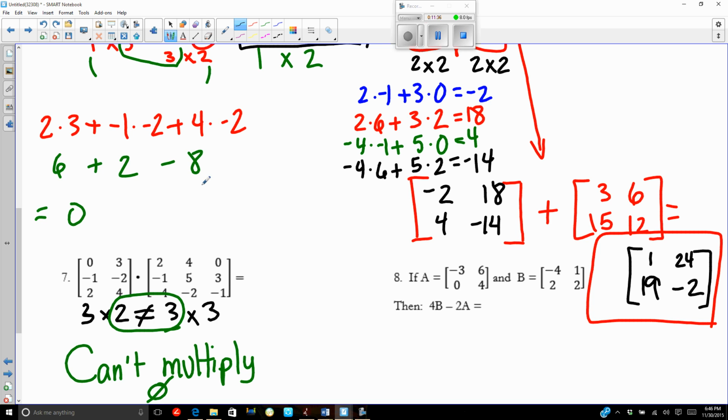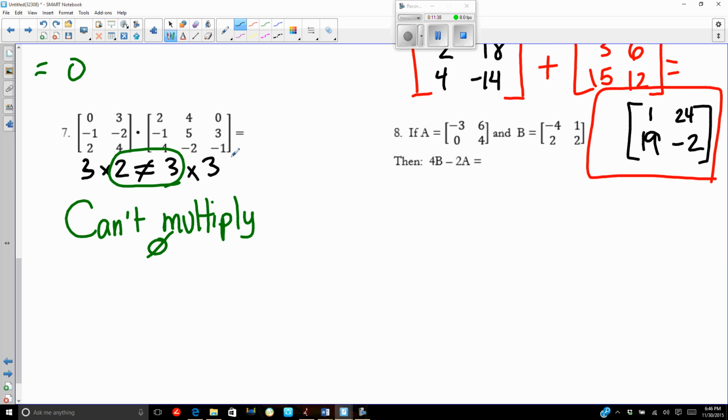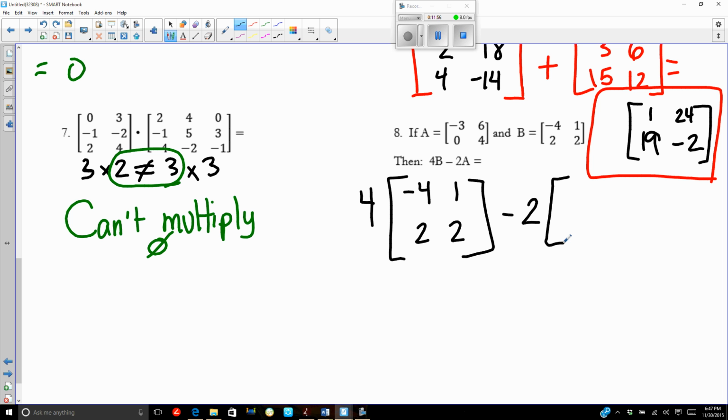Finally, number 8. Number 8 is scalar multiplication and then subtracting of like terms. So it wants 4b minus 2a. So 4 times b is going to look like this when I set it up. Minus 2 times whatever a is.